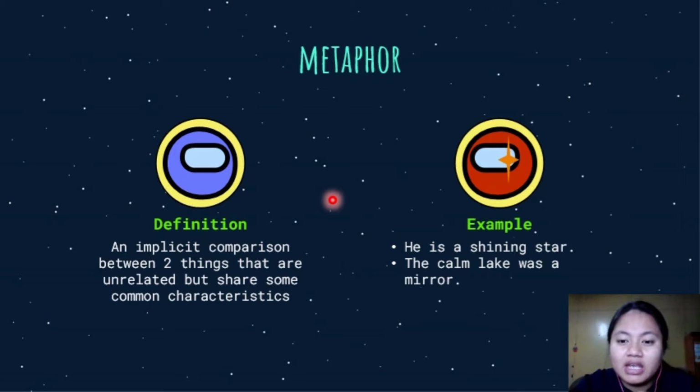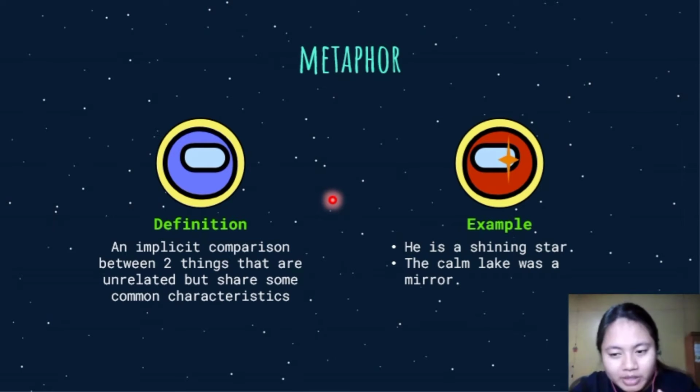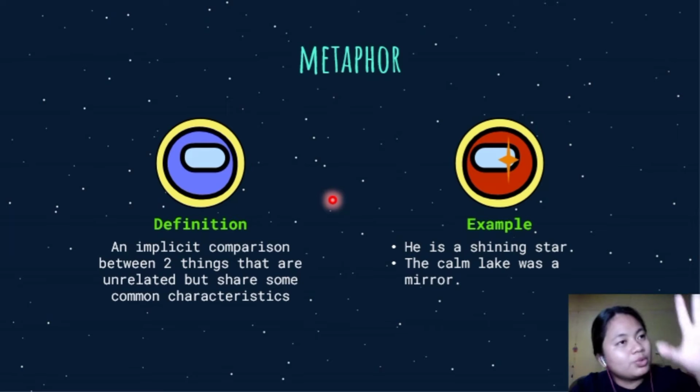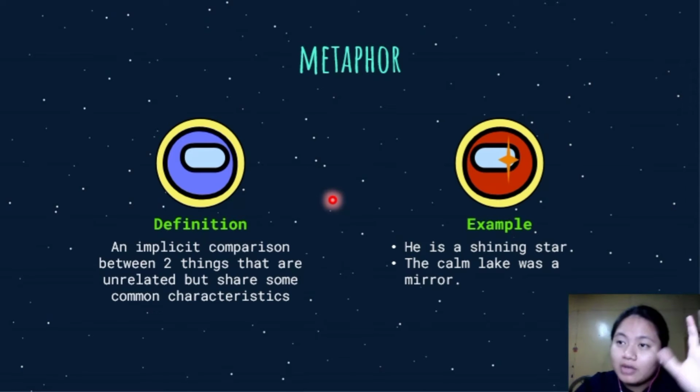For this example: he is a shining star. There is no word like and also no as. It just directly compares this person with a shining star. Probably this person is bright like a star, or someone who stands out too much, so people declare him as a shining star.